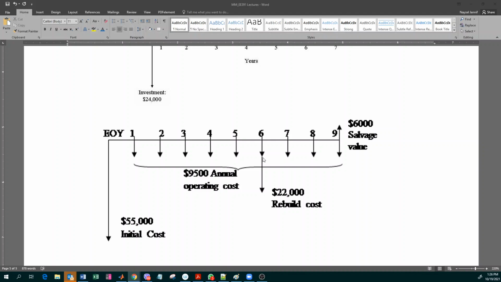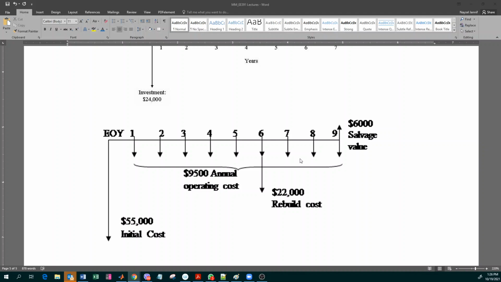Apart from the normal $9,500 per year, which we are using for engine oil, oil filter and petrol, and let's assume there's no change in the price of fuel, you had to do an additional $22,000 worth of maintenance and heavy upgrade.